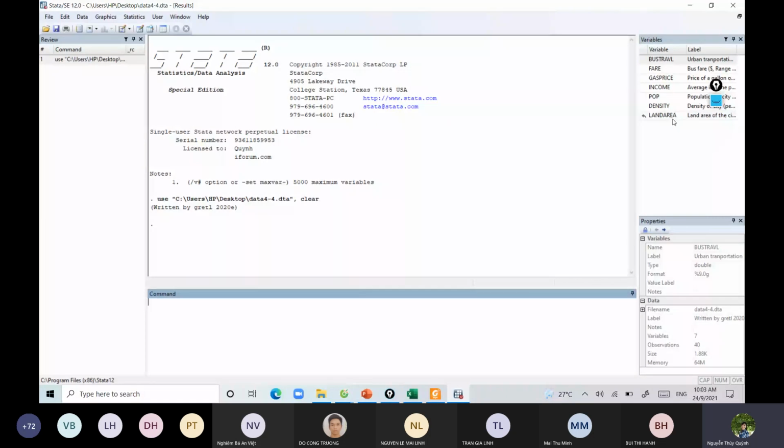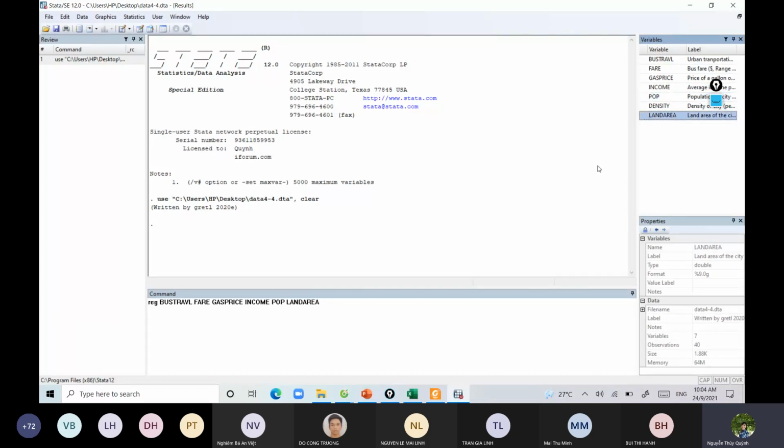Okay, so I want to use those independent variables to explain bus travel, which is the urban transportation by bus in cities. Okay, so I want to regress bus travel on fare, gas price, income, population, maybe land area.